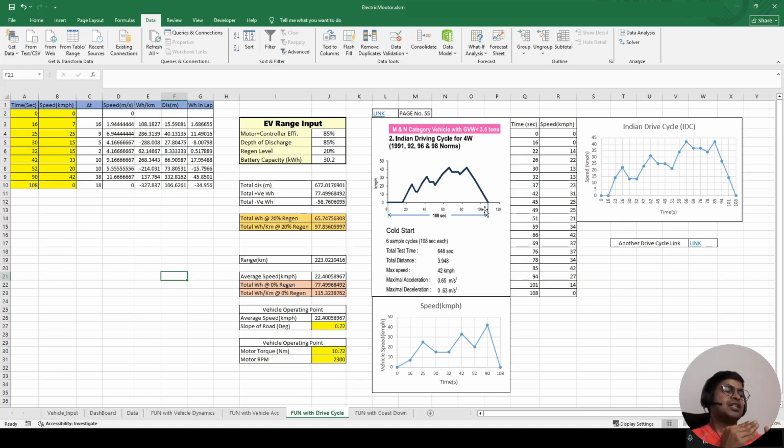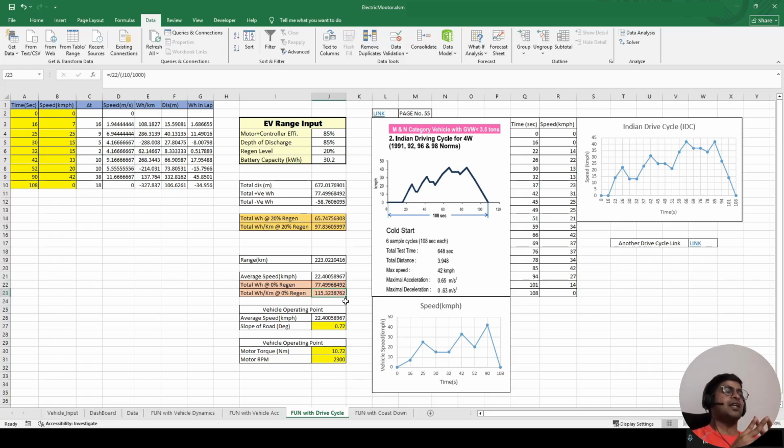So I have to consider the energy consumption at 0% regeneration. That's what I have calculated, the energy at 0% regenerative, which I got as 115.32 watt hour per kilometer.